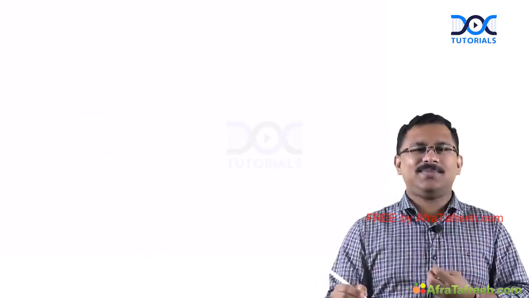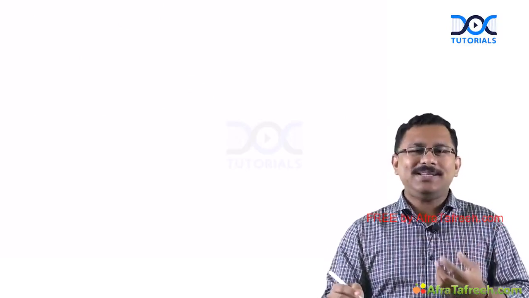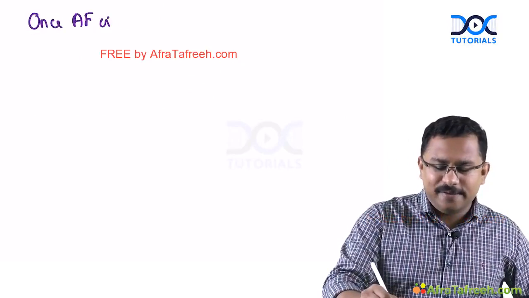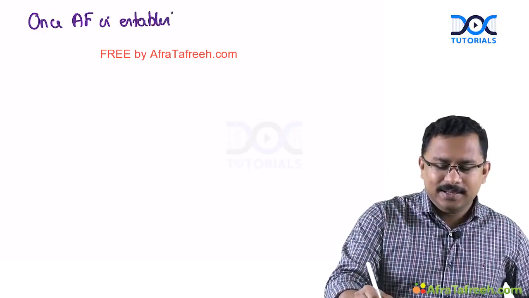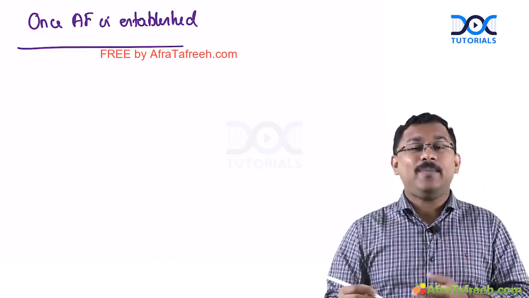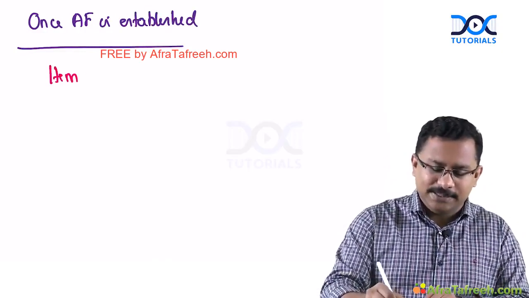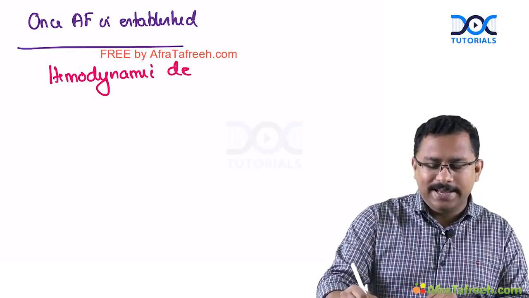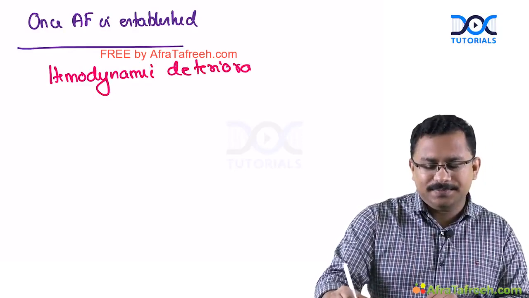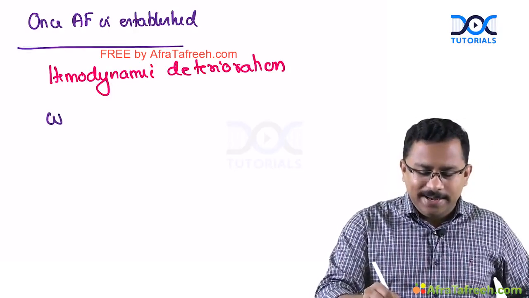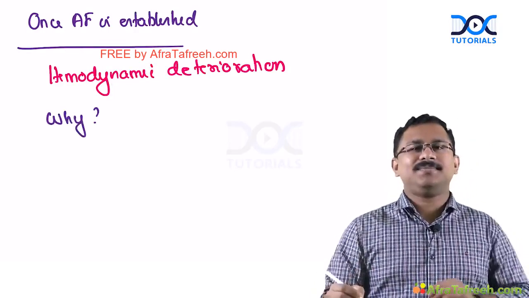Now, once AF is established, there is a higher likelihood of hemodynamic deterioration in case of MS. Why does this happen?